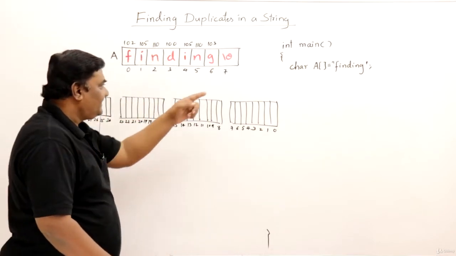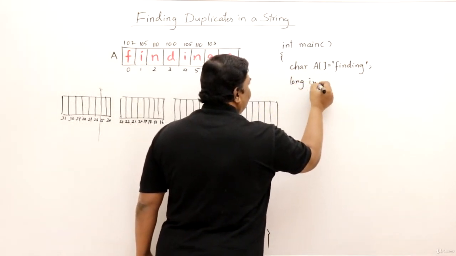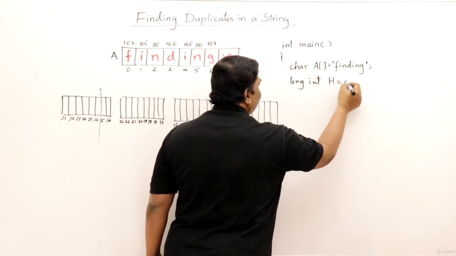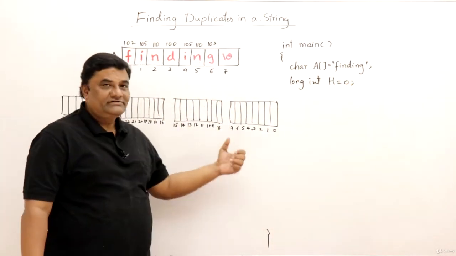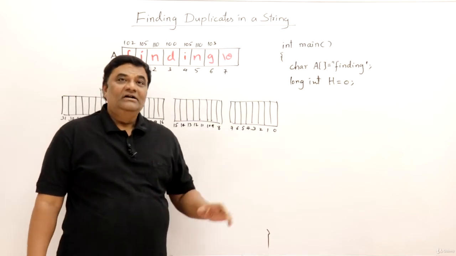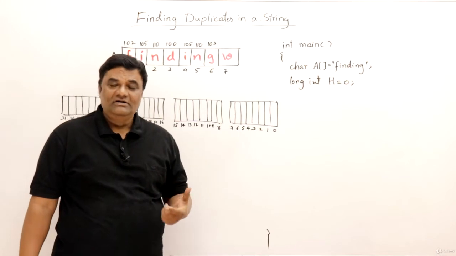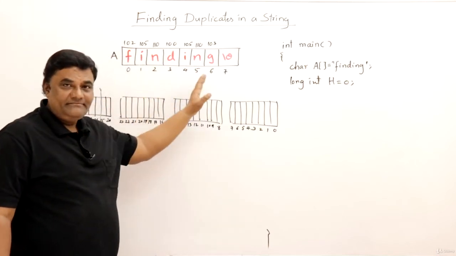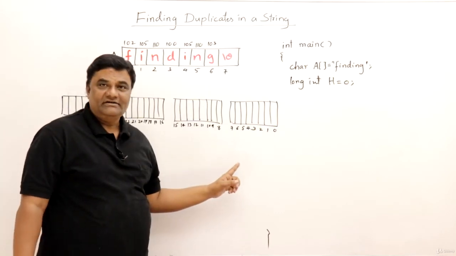So for this I will take one variable, long int h, initialized with 0. Yes, so all will be zeros. Now I will use this for finding duplicates. How? I will scan through a string. For every alphabet I will set the bit on here.